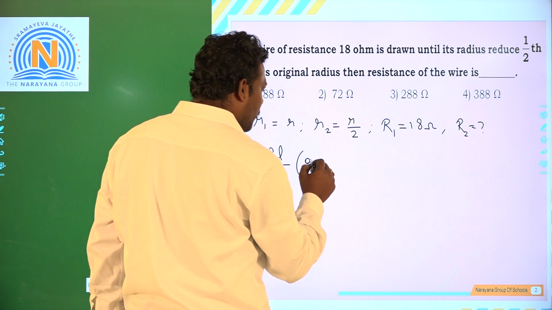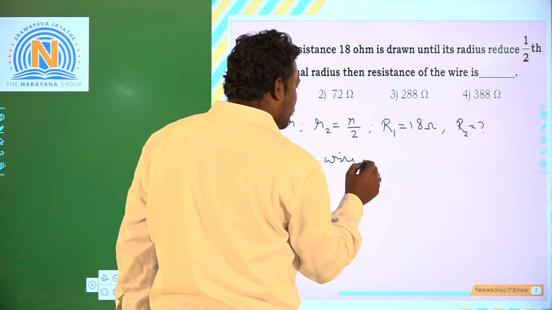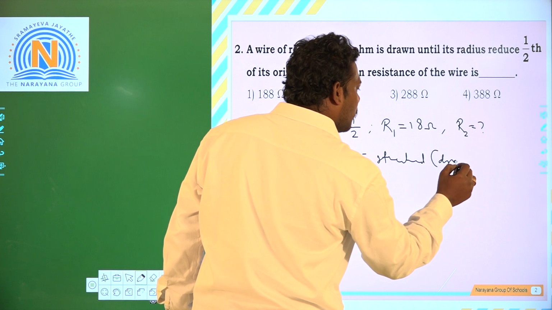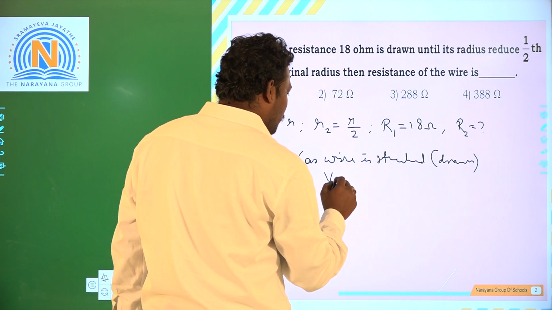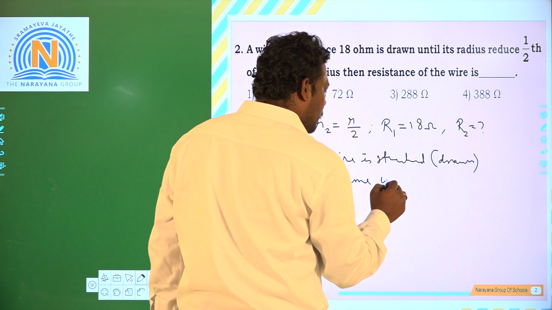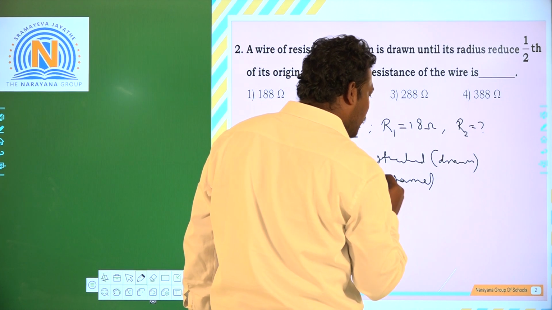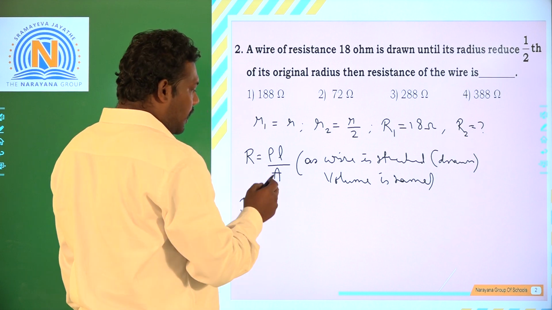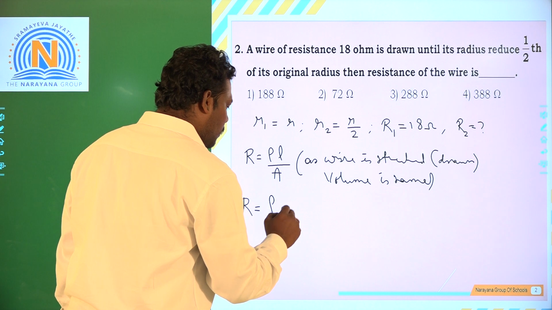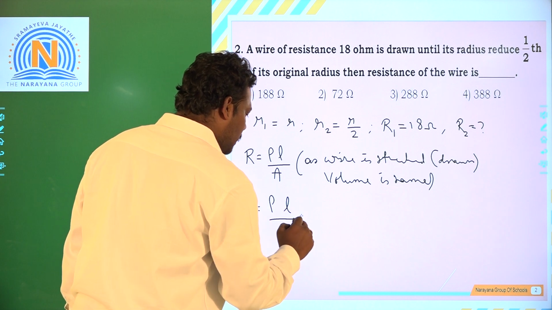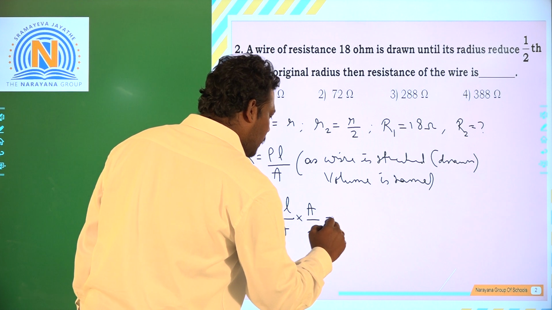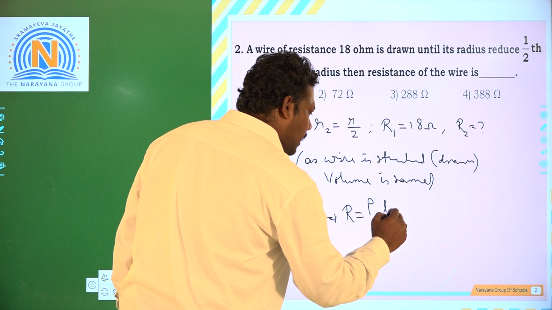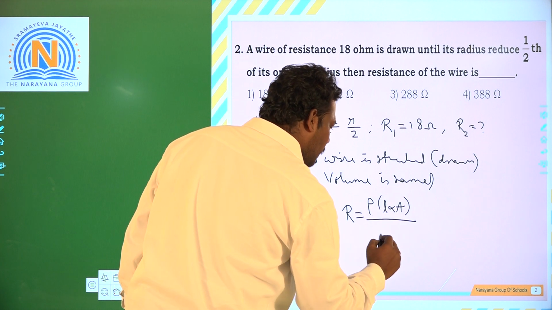So if I multiply and divide with area, rho L by A into A by A, then R equals rho L into A by A square.